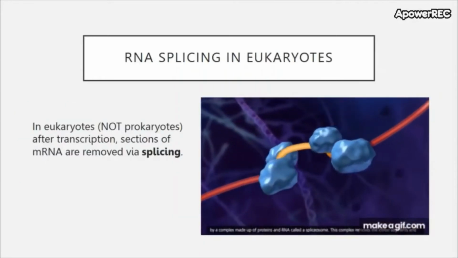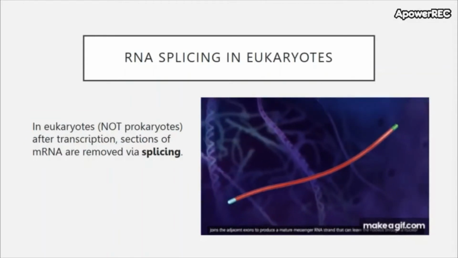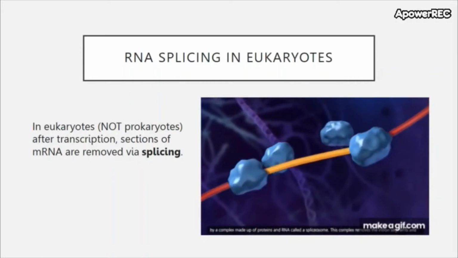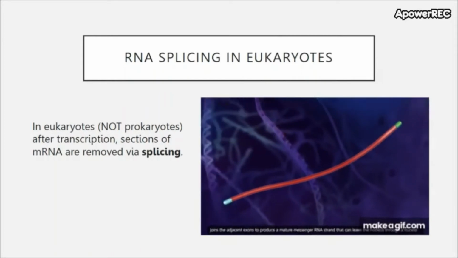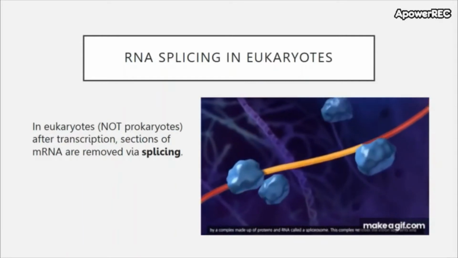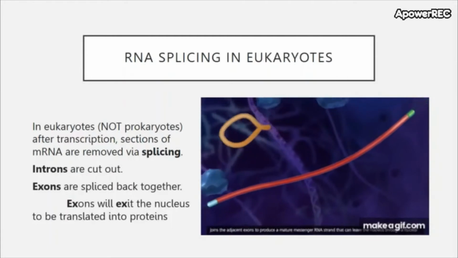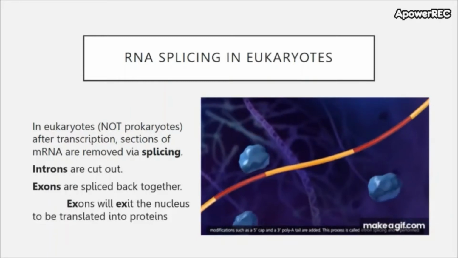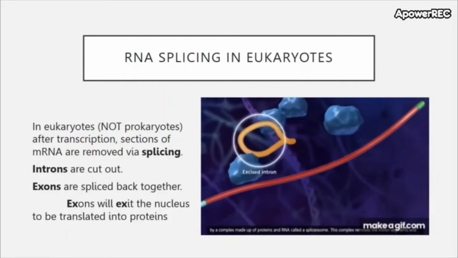In eukaryotes, there is an extra step that occurs. This doesn't happen in prokaryotes. After transcription, that mRNA molecule needs to be further processed. This is a post-transcriptional modification, where a splicing event happens. There are two different types of sequences found in this mRNA molecule. One is called introns, and the other are called exons.